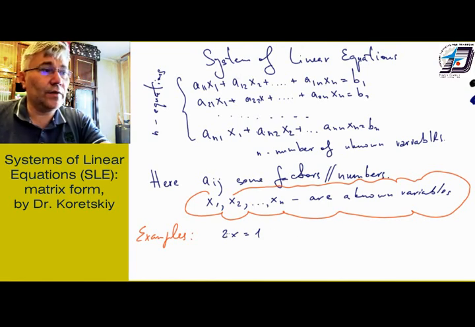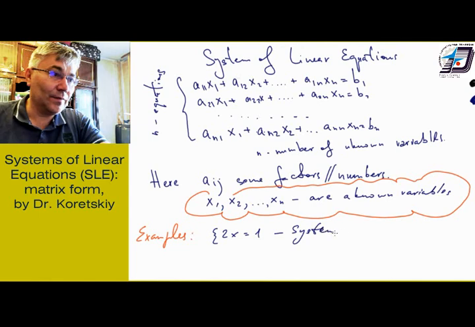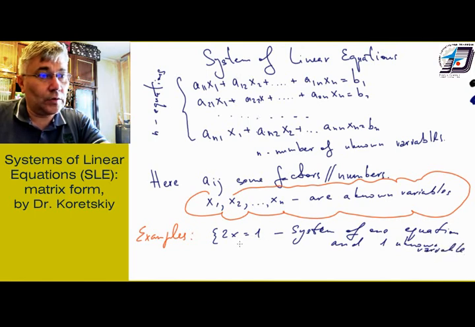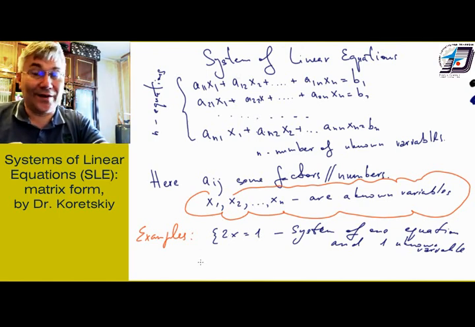You can say that this is a system of one equation with one unknown variable. So you can consider one equation as a system of one equation.